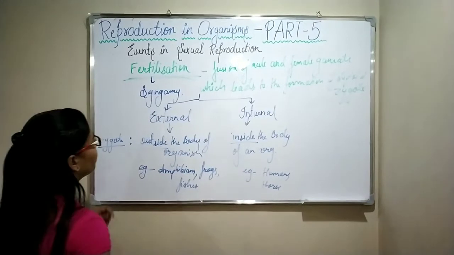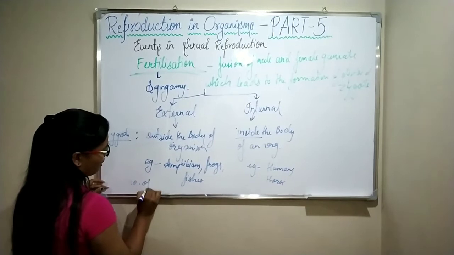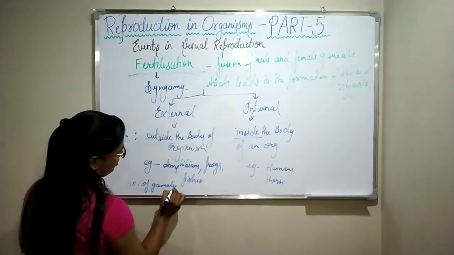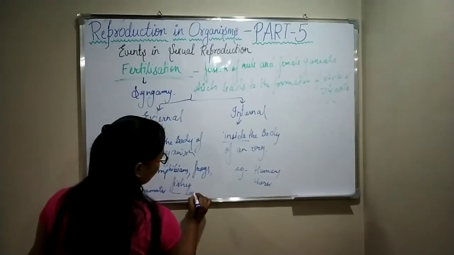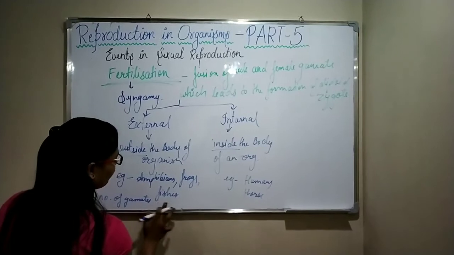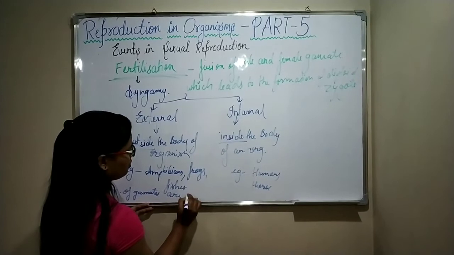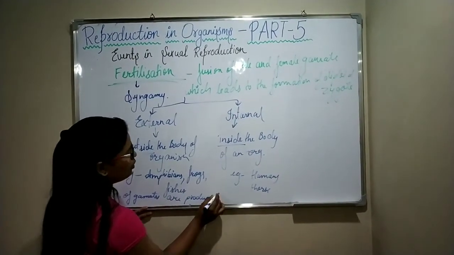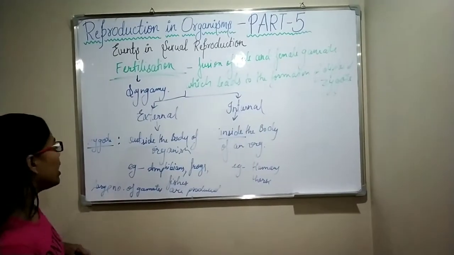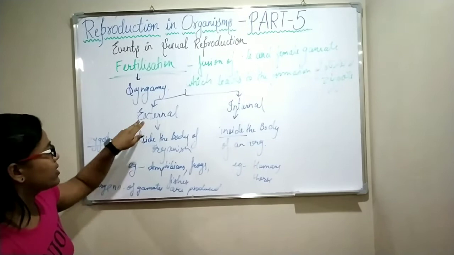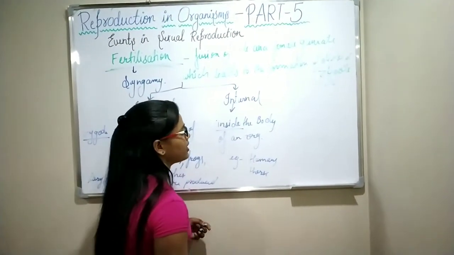One more thing, in external fertilization, the number of gametes produced is large. Both male and female gametes are produced in large quantity. What about internal fertilization?